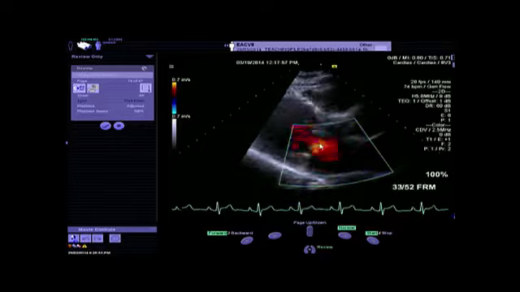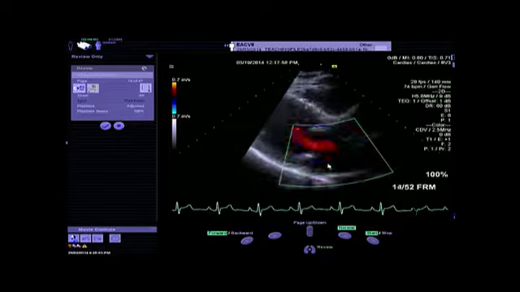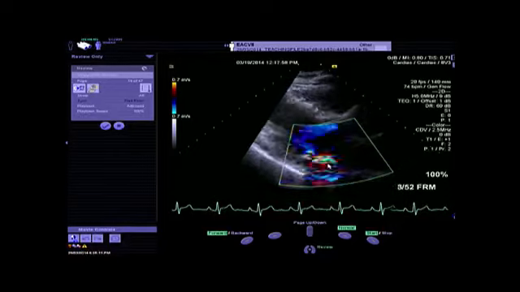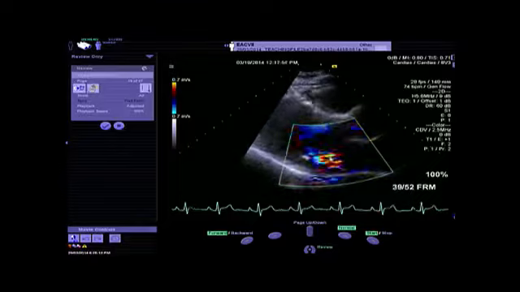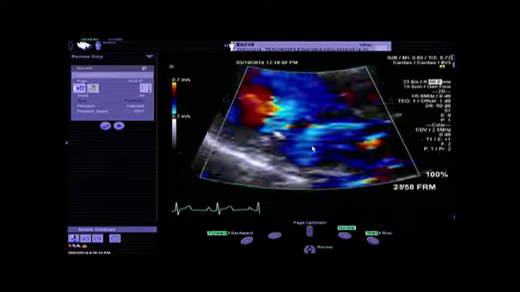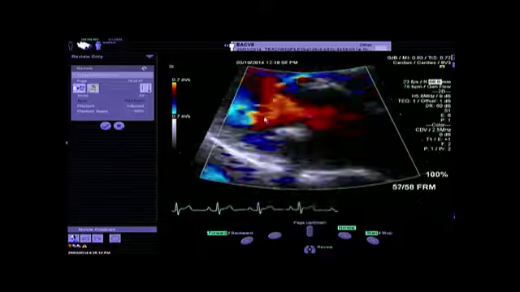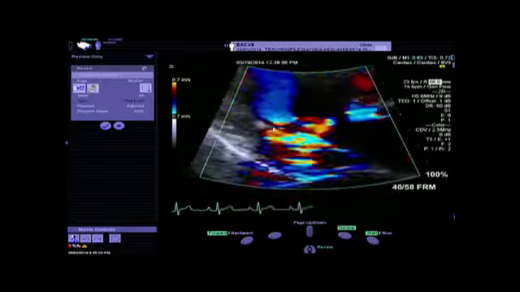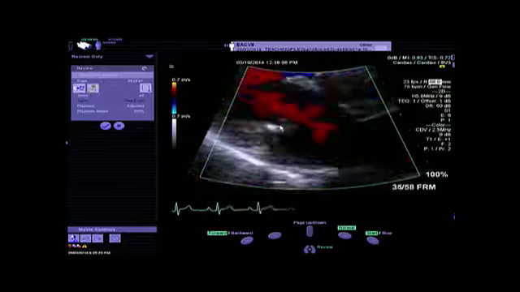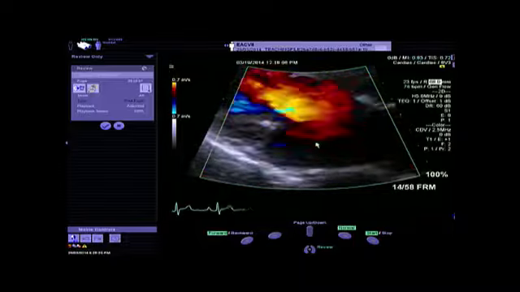And in this situation, it is very difficult to assess the severity of the mitral regurgitation using the parasternal long axis view, because we have this turbulent jet into the left atrium. But by zooming in a bit, we can here see a sort of convergence zone, a sort of contraction of the regurgitant jet, and here a sort of extension of the jet into the left atrium.